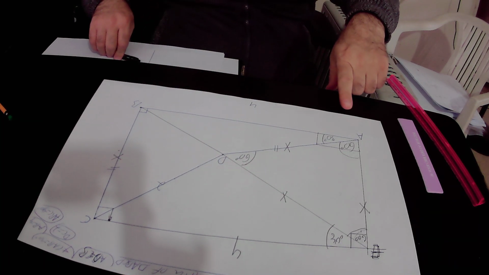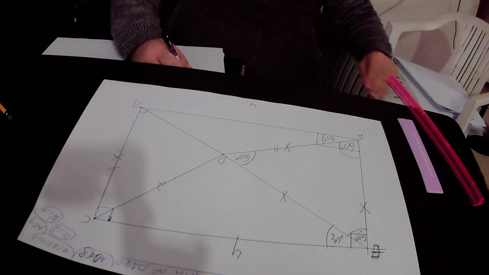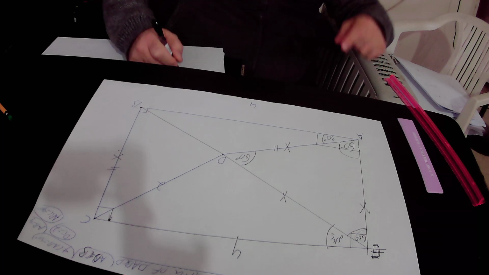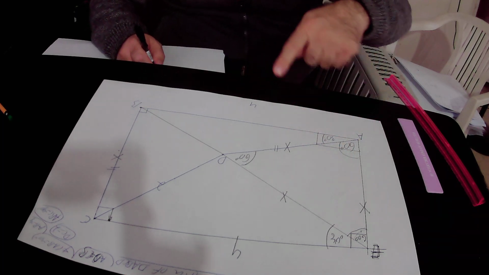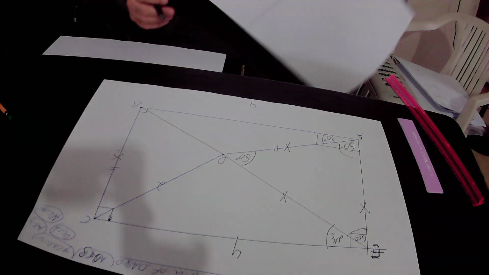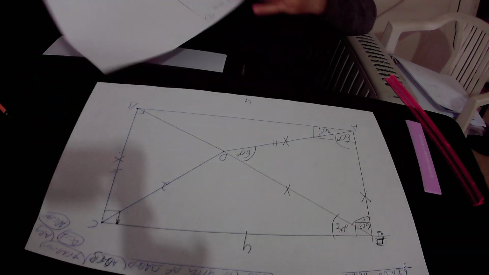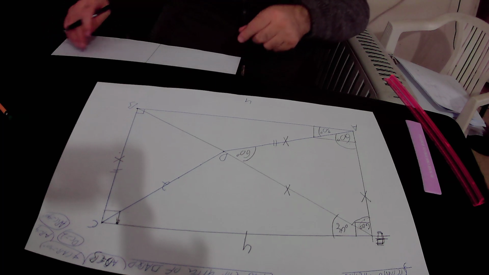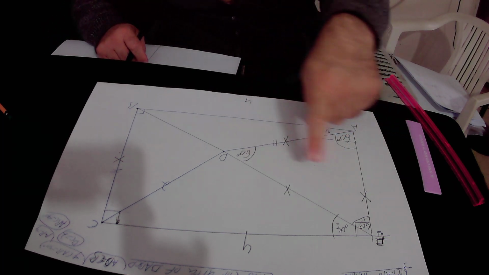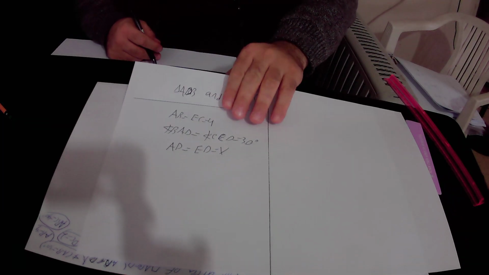So angle BAD equals angle CED equals 30 degrees. And AD equals ED equals x.